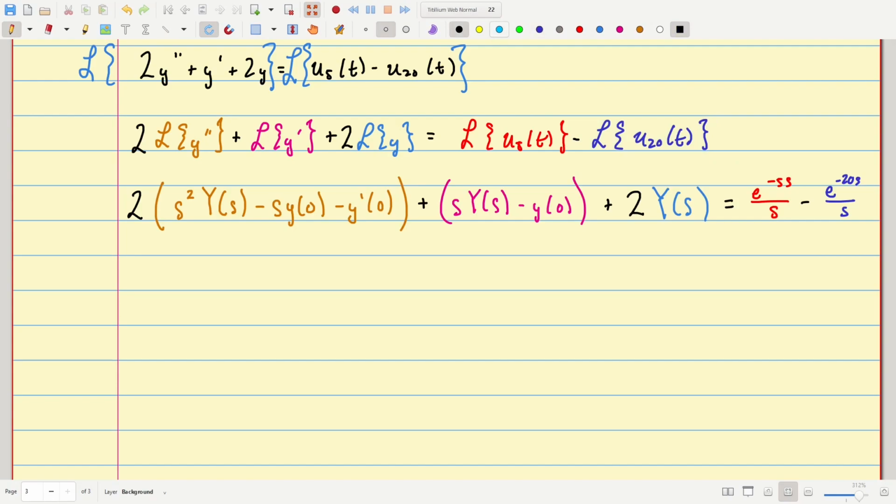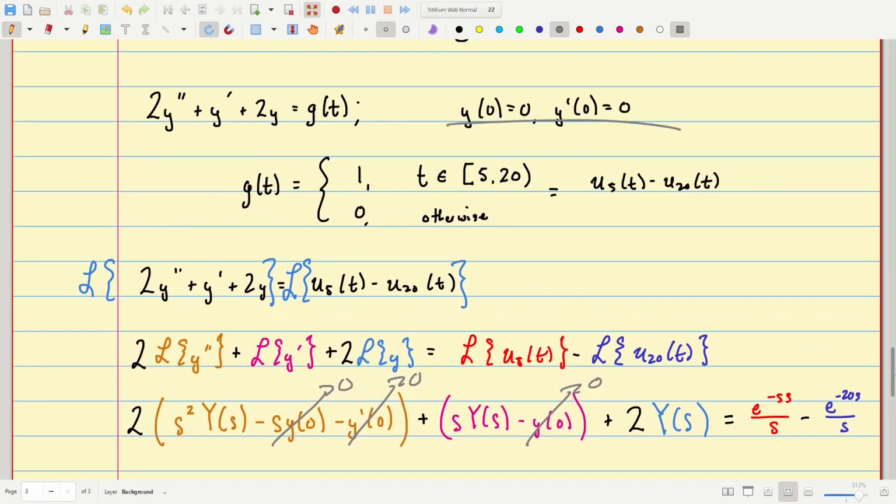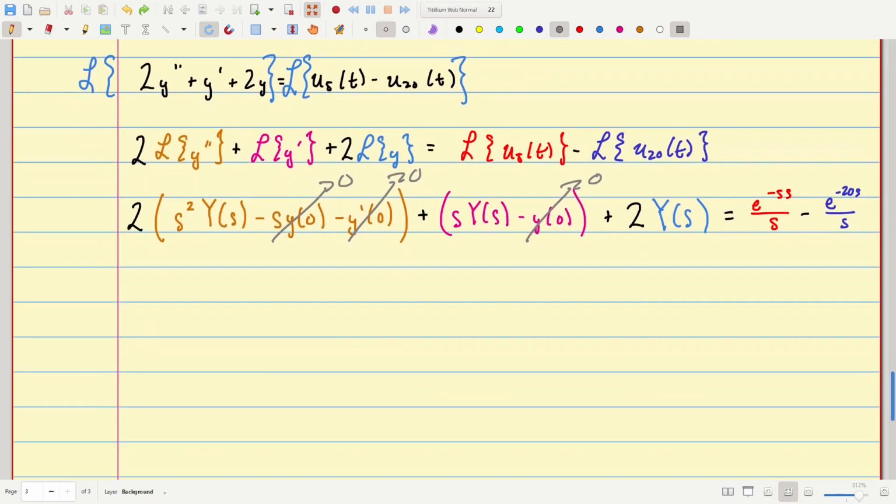All right, all make sense? By the initial conditions, all of those are 0. What that leaves us with is 2s squared Y of s, plus s Y of s, plus 2 Y of s is equal to the right-hand side.